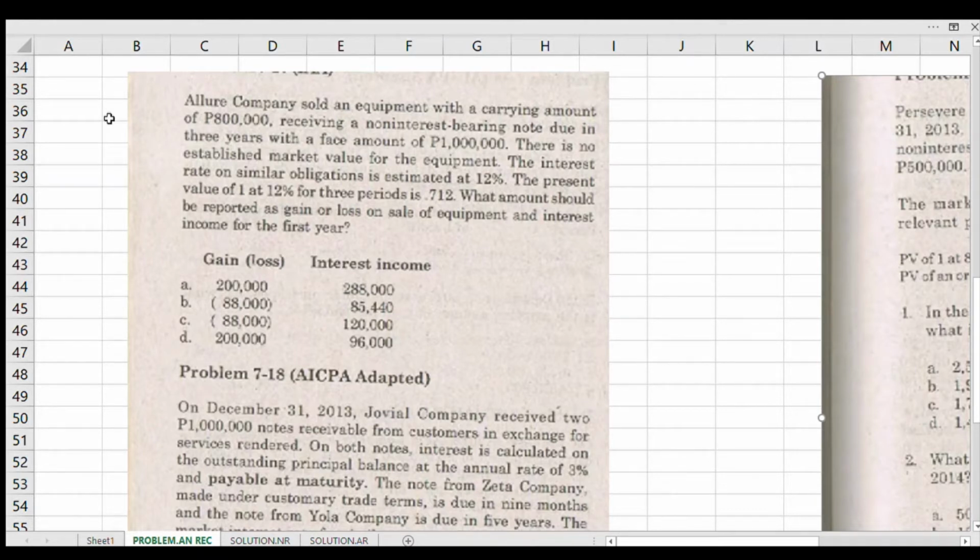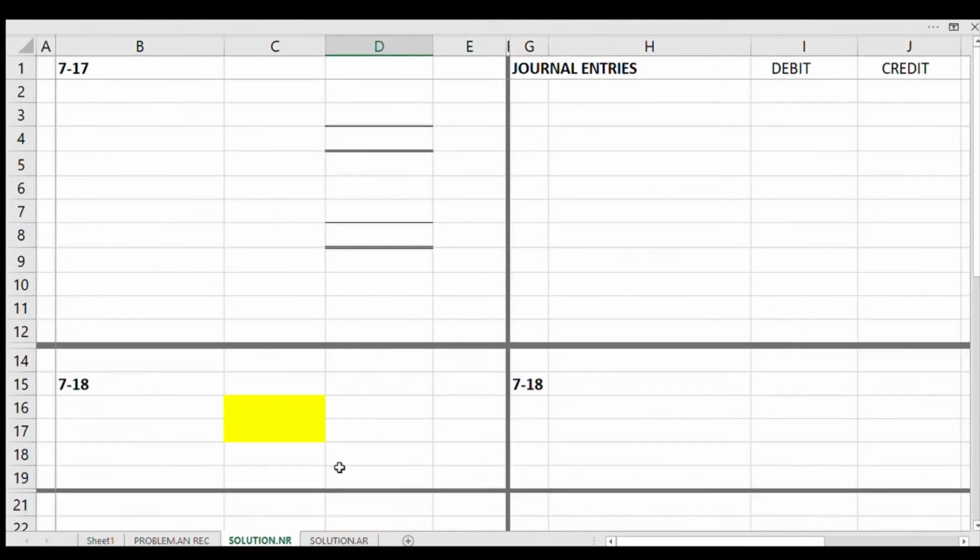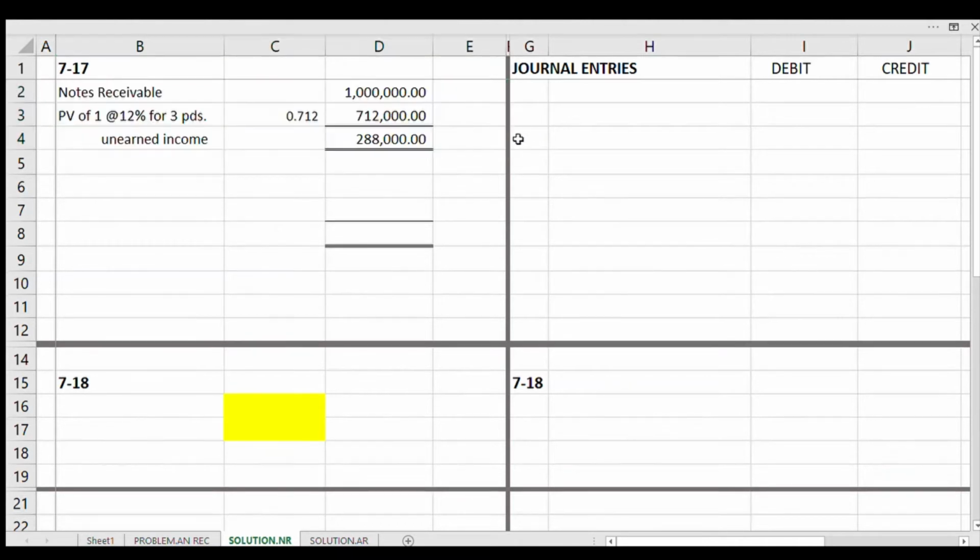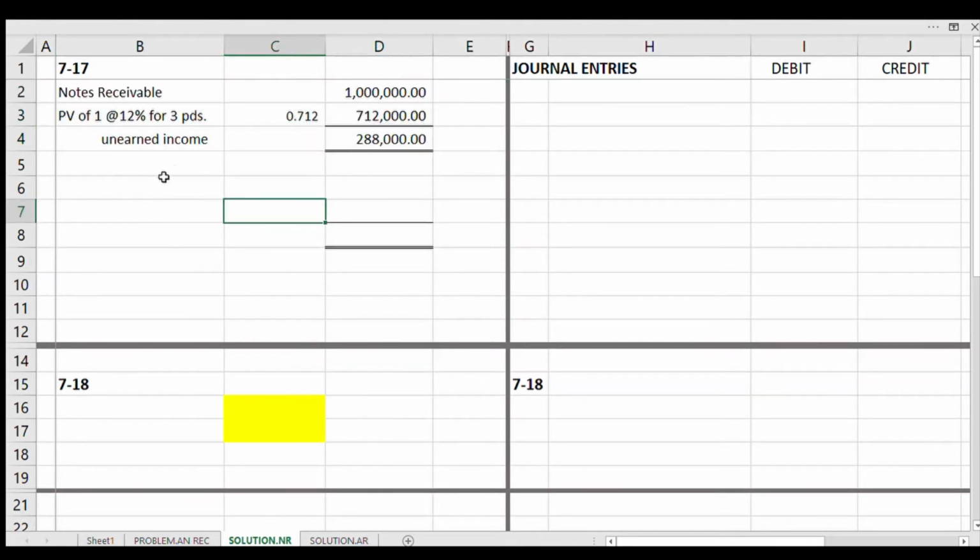The best way for us to know kung ano talaga ang magiging answer sa ating choices ay we have to solve them. We will show you how to solve it and arrive at the correct answer. So, let's start. Sa ating solution, I will be showing to you how I made the solution for this.